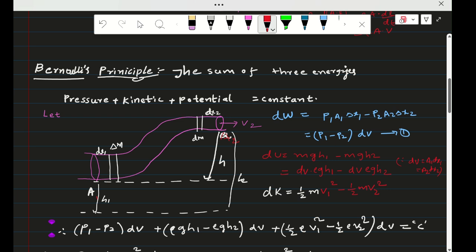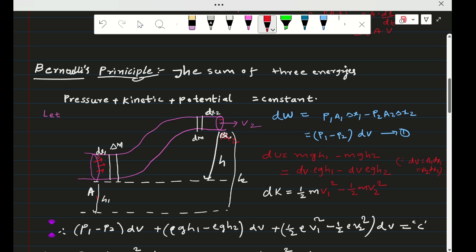Mechanical energy means only two energies are there, kinetic and potential; the sum of kinetic and potential is mechanical energy. So here we are adding a third energy, that is the pressure energy. This pressure energy, you can take as atmospheric pressure or the work done by the flow.